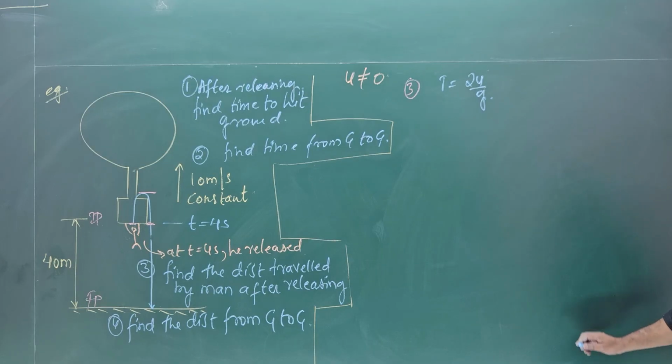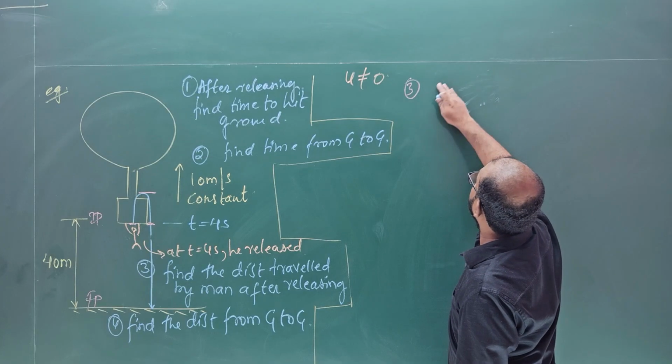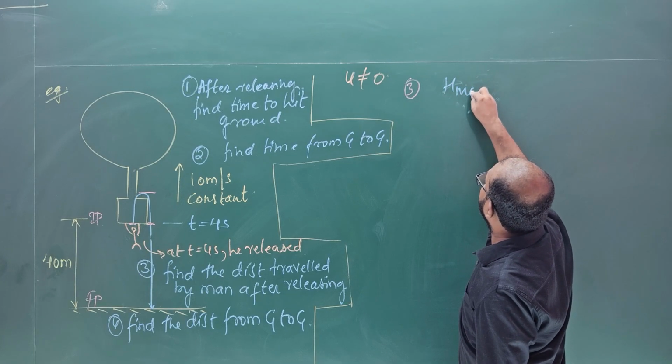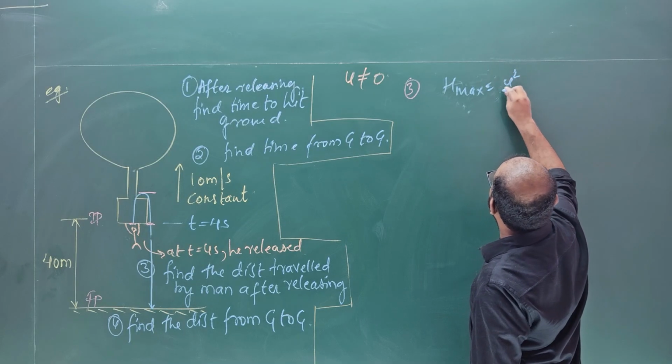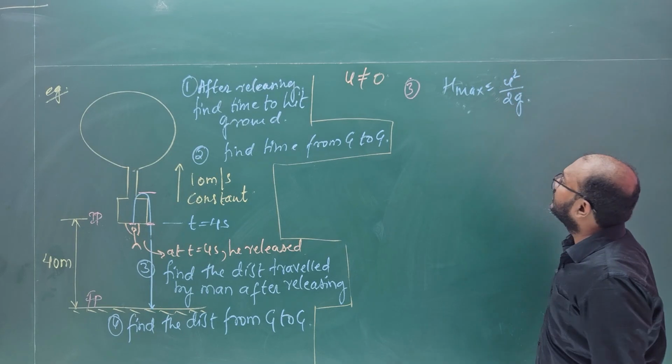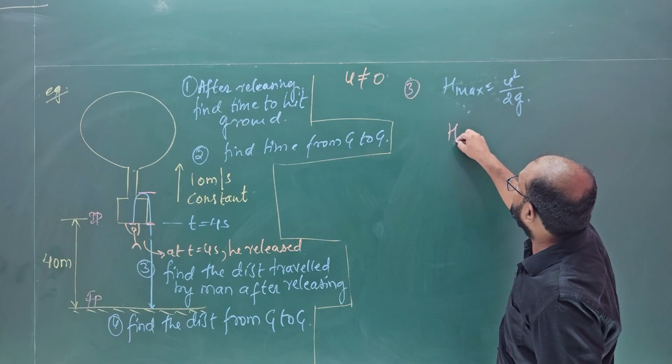2U upon G. What are we calculating? H max. So H max is nothing but U square upon 2G. And what is the U at that point? 10. So substituting the value to calculate H max.